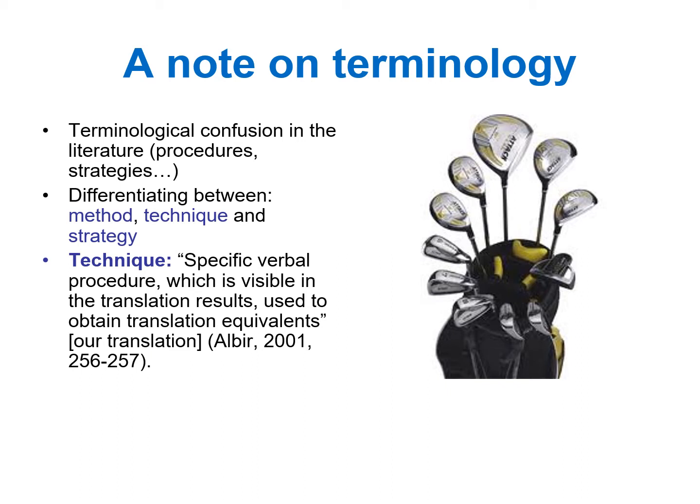So in this case, we'll be using strategy as the overall approach a translator takes for the translation of a certain source text, and procedures as techniques that are applied within the overall process. Amparo Hurtado Albir in 2001 defined techniques as specific verbal procedures which are visible in the translation results, used to obtain translation equivalence.